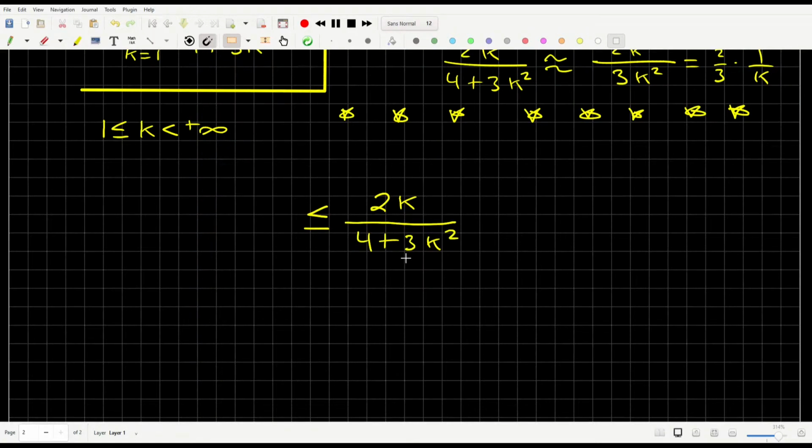And we can do this by simplifying the denominator. So looking for something special here in the denominator. And sure enough, we know that 4 plus 3k squared will always be less than or equal to 4k squared plus 3k squared, or 7k squared.